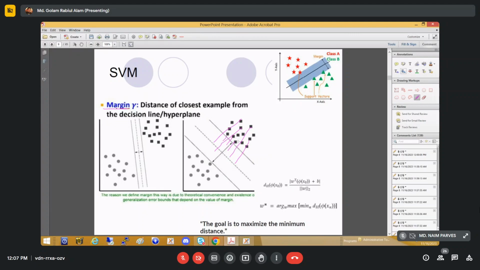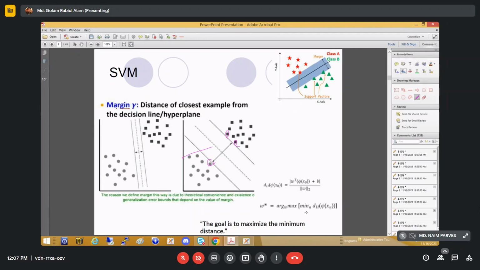And then we need to find the support vectors with minimum distance. So we minimize this distance function to get the support vectors. We need to find which ones are at minimum distance. From the positive side and the negative side, we get one support vector, another support vector, and another. So we can consider these three as the support vectors.